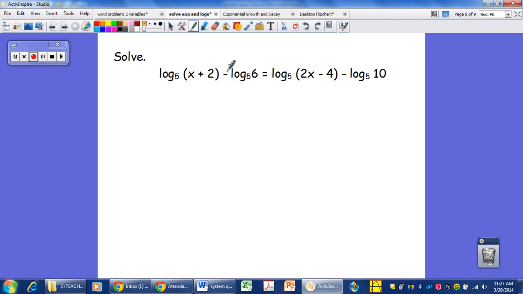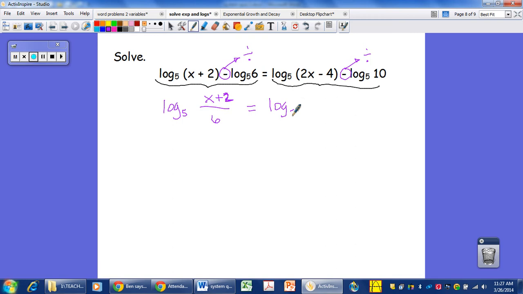Okay, our last one. It looks like we have to condense these ones, and we will have to condense these ones as well. So we still have division or subtraction. Subtraction becomes division. Subtraction becomes division. So this is the log base 5 of x plus 2 over 6. Sorry, that's a 2.